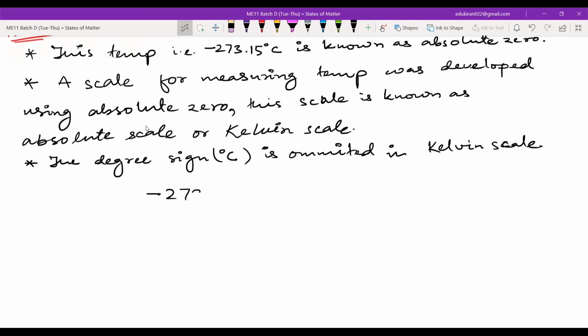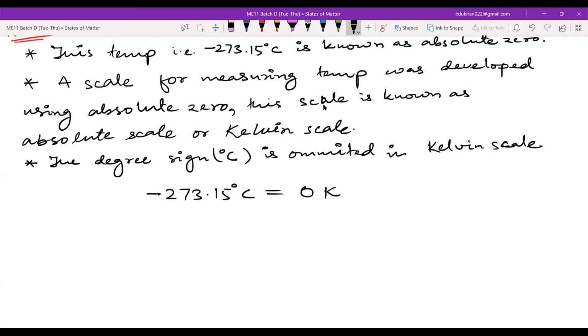Minus 273.15 degrees Celsius is equal to what? If you want to remember this, what is the volume at this temperature, guys? Zero, na? That is why the temperature will be 0 Kelvin.